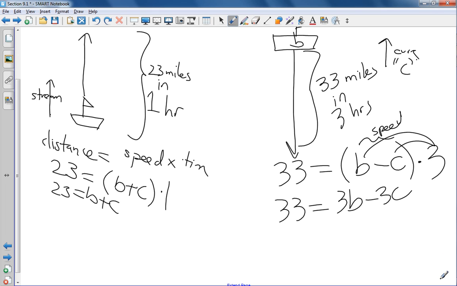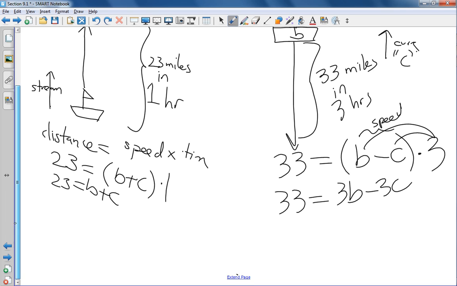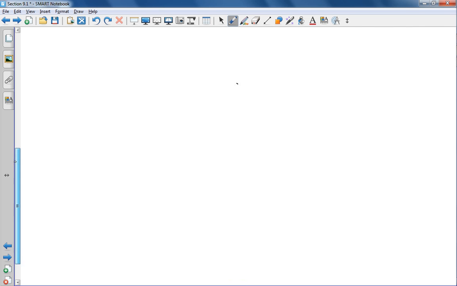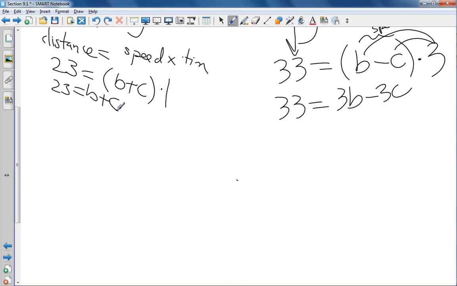So all together, I will pair this up now. I'm almost there. I'm not going to solve this. I'm going to put this in standard form. I like B and C on the left, 23 on the right. Can I flip this and make B plus C equals 23? Yes. You can flip both sides of the equation as long as you do it simultaneously.